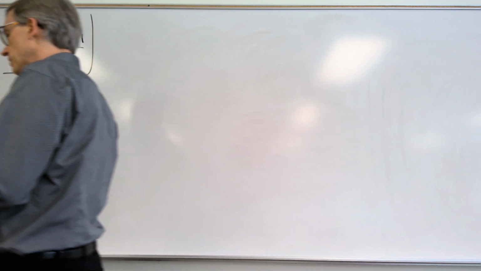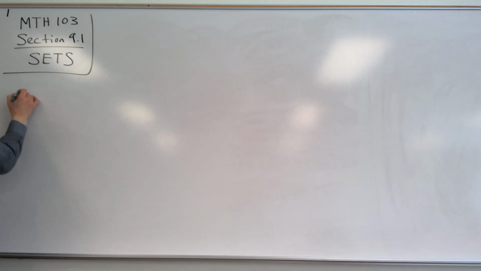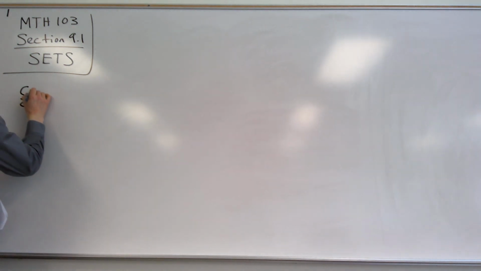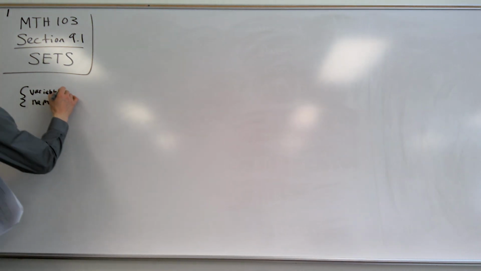Now set builder notation has a certain format, and this is one way we're going to write sets of numbers, and one way we're going to write the solution sets to equations. So set builder starts with a curly brace, and next goes the variable name. Whatever letter you're using, could be X, could be A, whatever variable, doesn't matter.